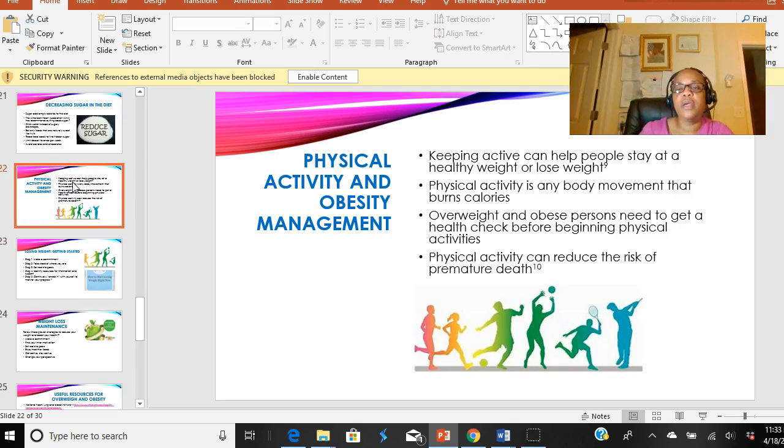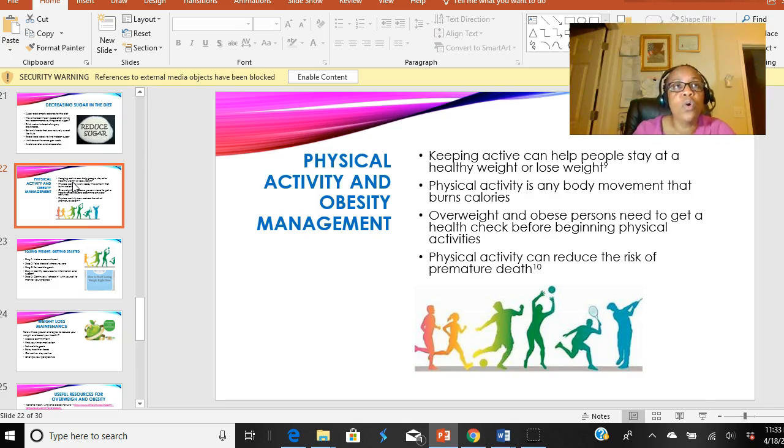Some of the activities that are recommended for physical activities: you can put some music in and just dance. You can do household chores. When you're working with that vacuum cleaner, or you're sweeping, or you're raking outside, these are good forms of exercise.